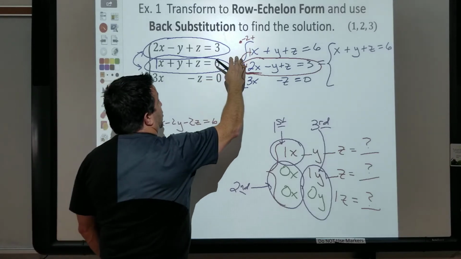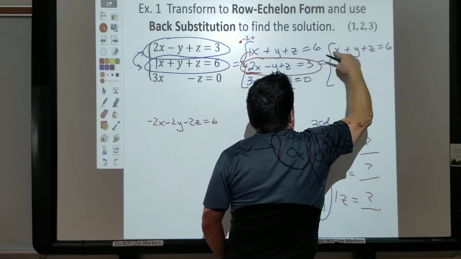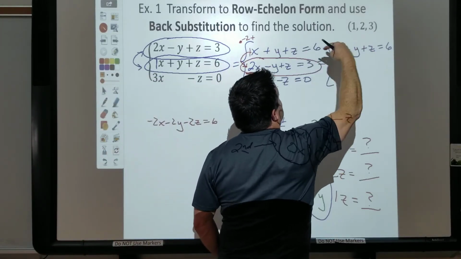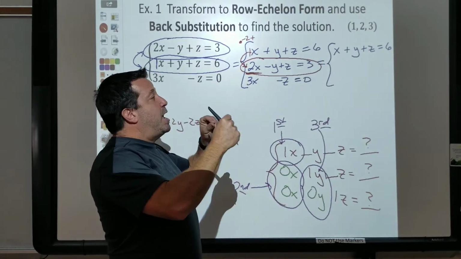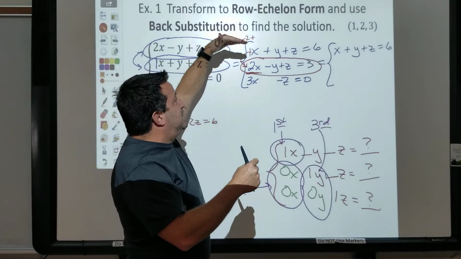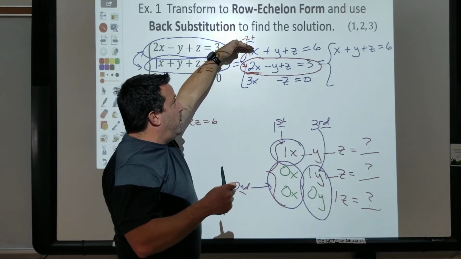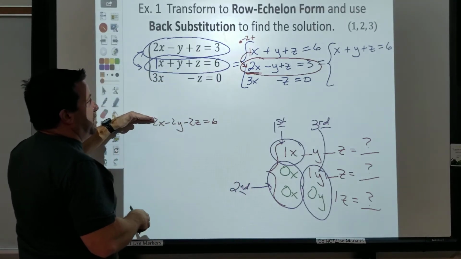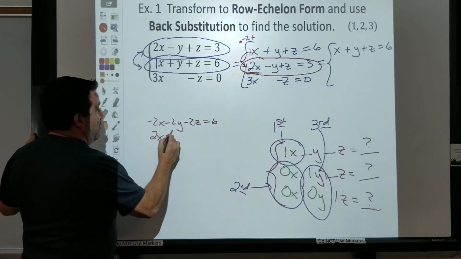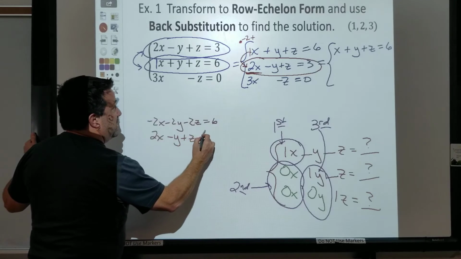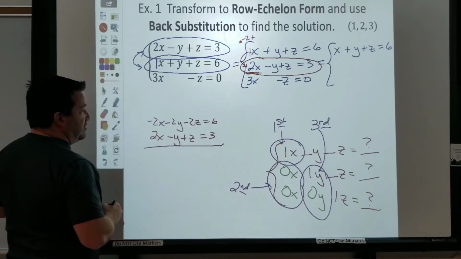Now, just because I multiplied it by negative 2, notice I recopied it over here. I'm not changing that equation. I'm just using it temporarily. I'm taking this row, this equation, and I'm temporarily multiplying it by negative 2. And I'm taking the second row, which is 2x minus y plus z equals 3, and I'm going to add those together.